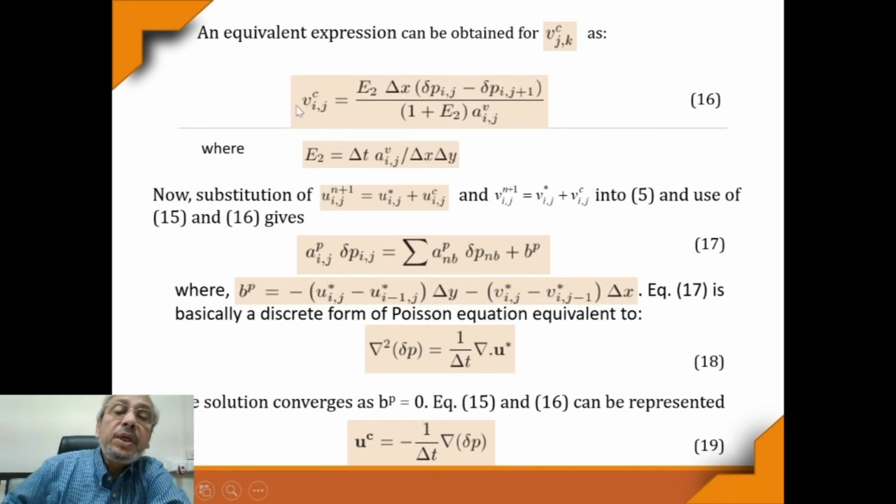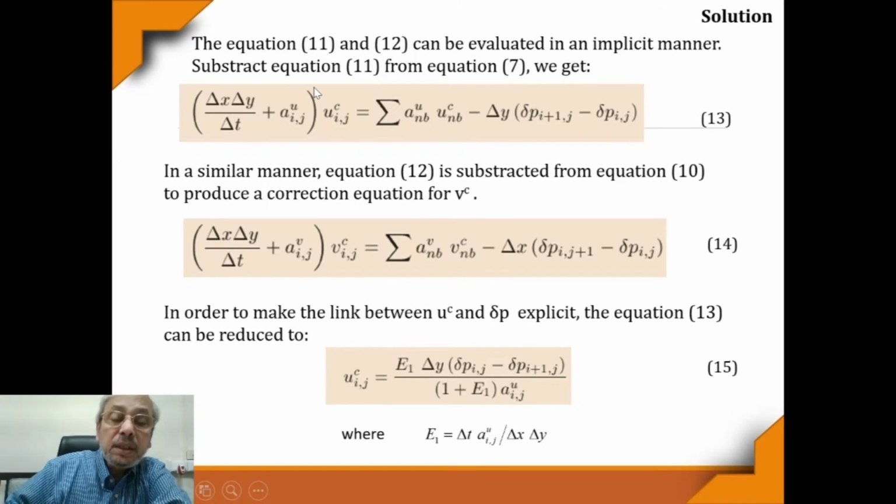So we have found the V velocity correction and the U velocity correction.